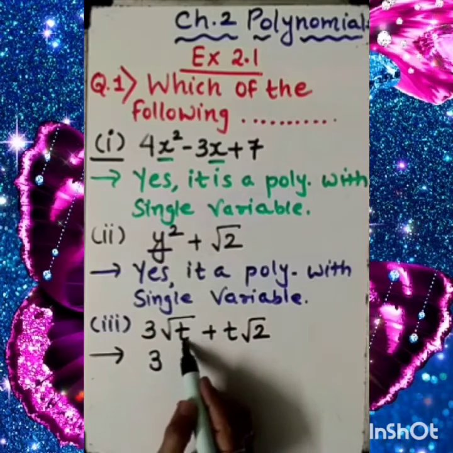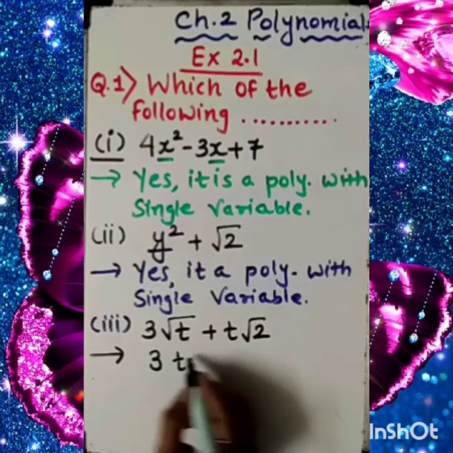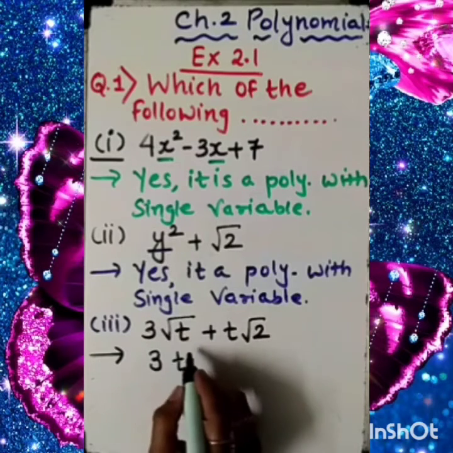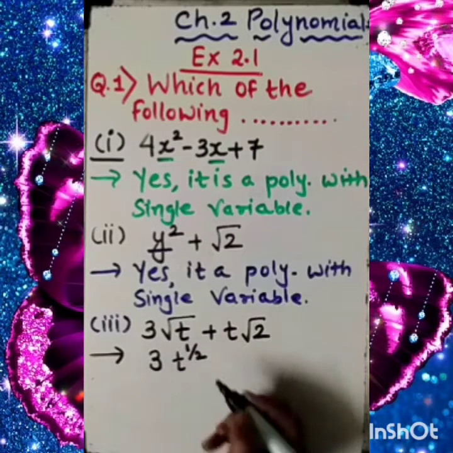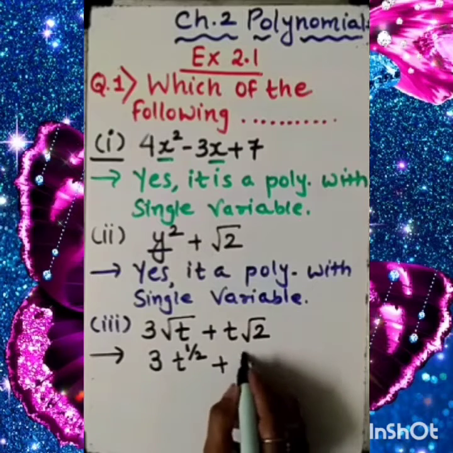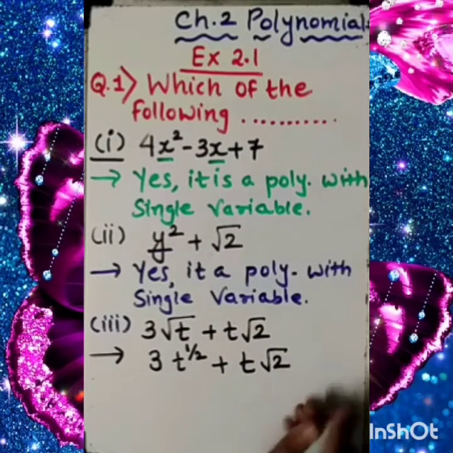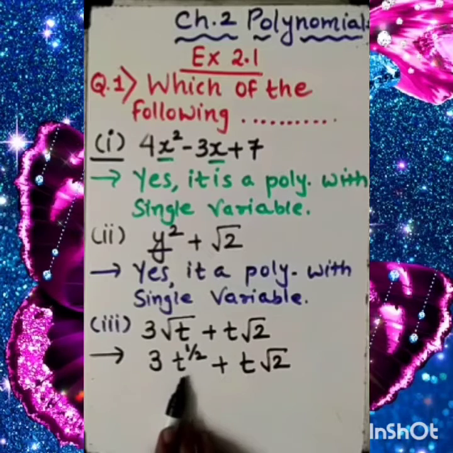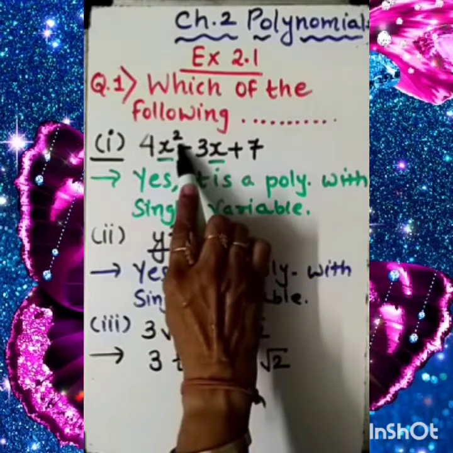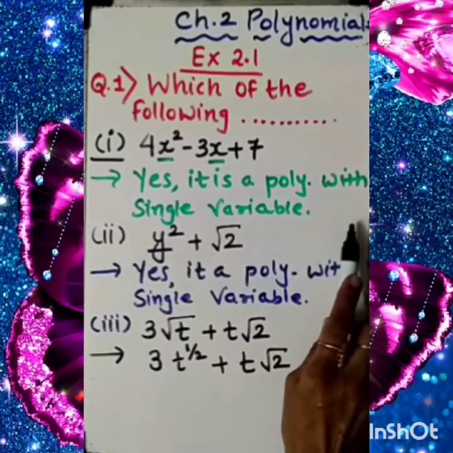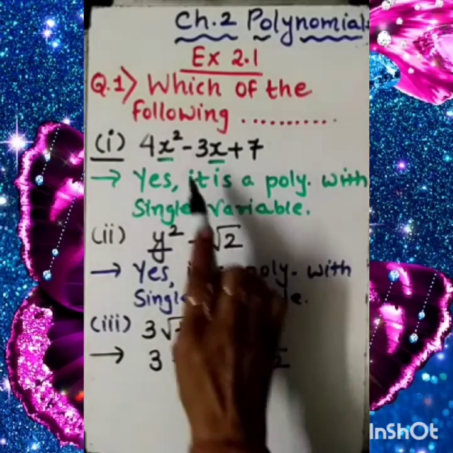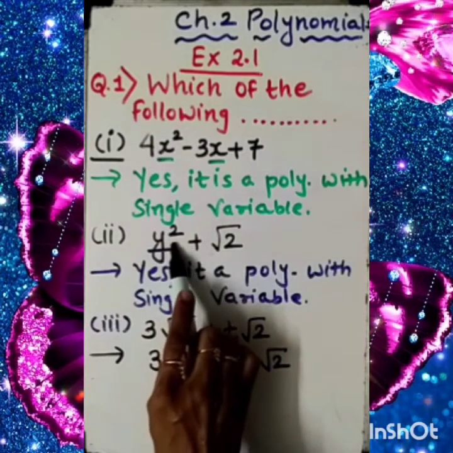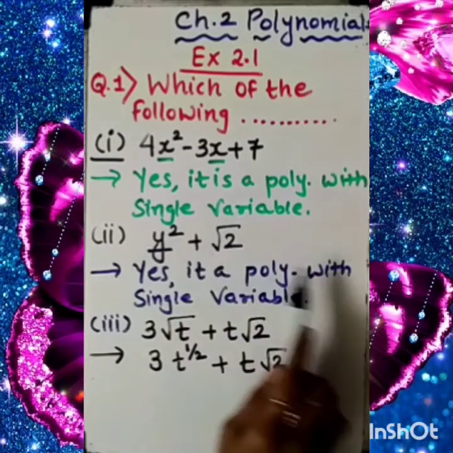In t root 2, the variable has power 2, and it can be a natural number, and 2 is a natural number, so that part is fine.